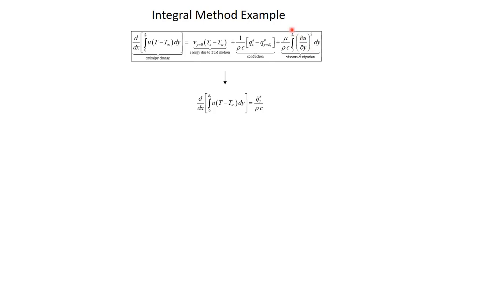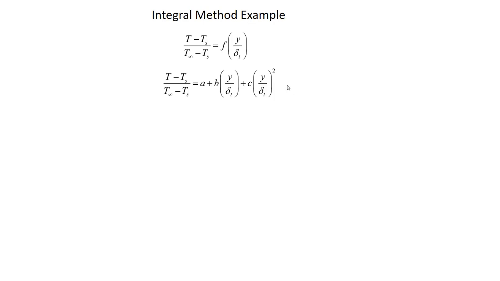That should probably be justified by calculating the ratio of the Eckert number to the Reynolds number, finding that it's really small, but that would go away. So we're only left with the rate of change of the enthalpy carried by the boundary layer being equal to the rate at which we're conducting energy into the boundary layer at the surface. So these two things have to balance, and that's our integral form for this particular problem.